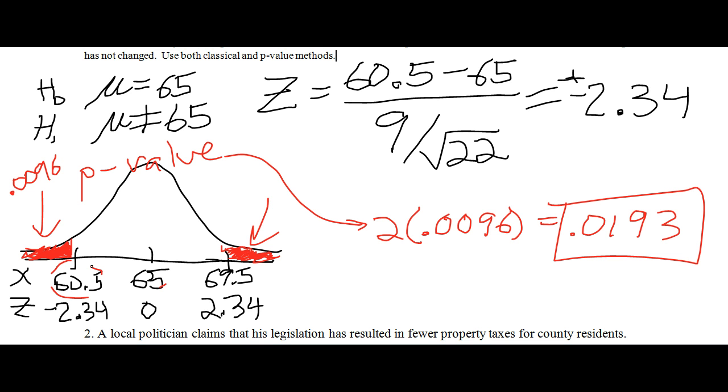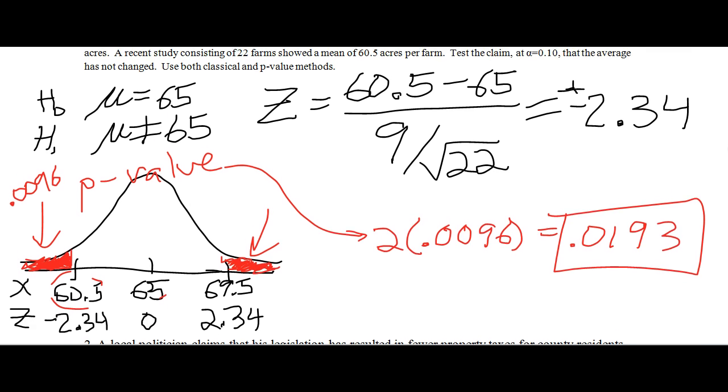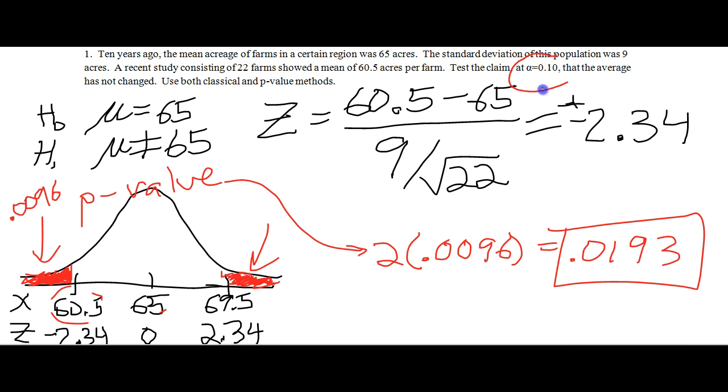Now, what was our criteria? Lower than what? Well, 0.10.